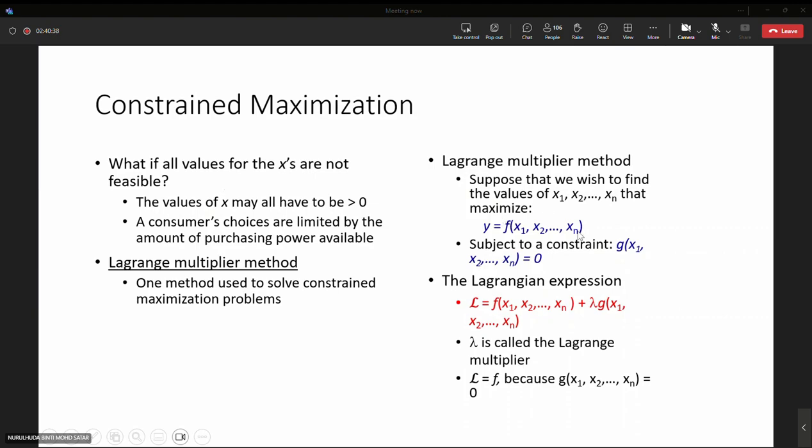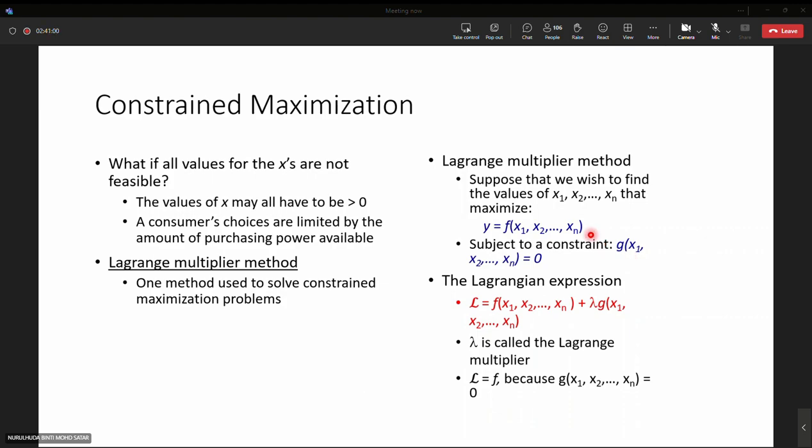So we have this objective function y. Let me use my laser pointer, right? So we have this y as the objective function, the one we optimize. And we have the constraint g, which is also a function of x1, x2 until xn.